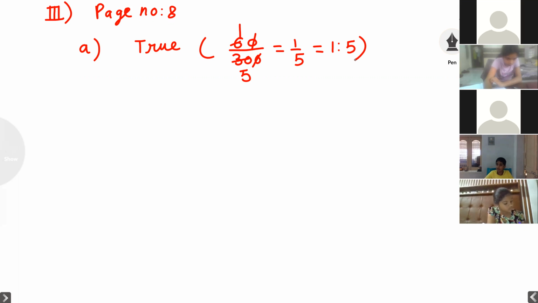In B question, 45 kilometers is to 60 kilometers. Means 45 by 60. And 12 by 15.